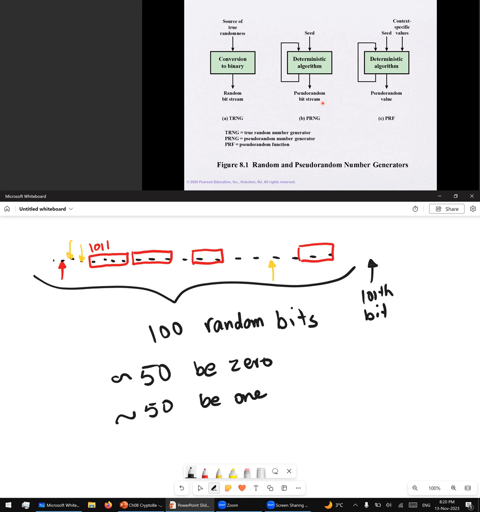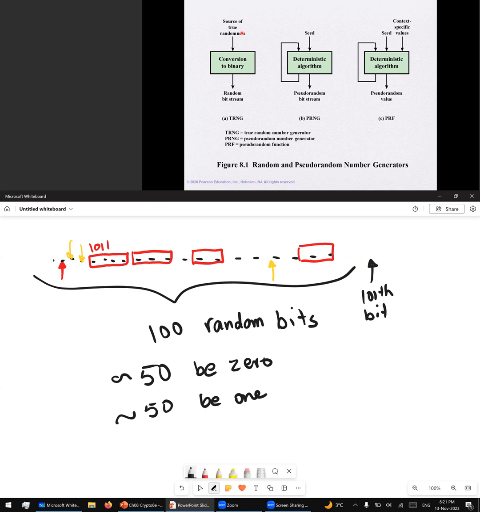In terms of true random number generators and pseudo-random number generators, we have this diagram here. When we talk about a true random number generator, we have a source of randomness, right? And this is a source of true randomness, meaning it's something that's completely random.